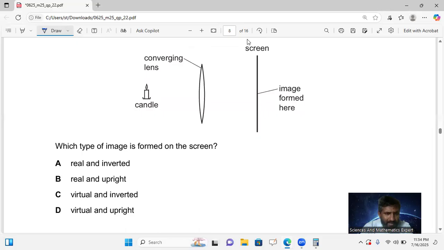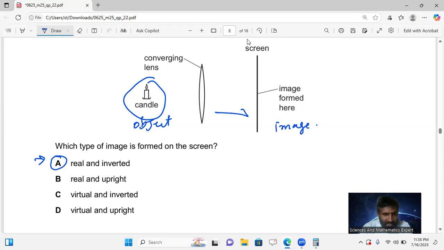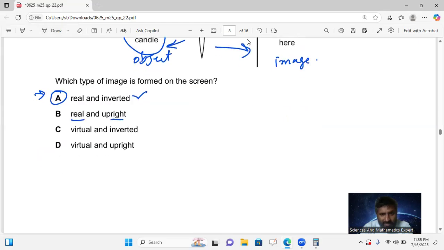Yeah, this is the main characteristic of the image because object is on this side, image is on this side of the lens. And if they are on opposite sides, it means image is real and inverted. Real and upright will never form. Virtual and inverted will not be formed. Virtual and upright should be on the same side in lens cases.